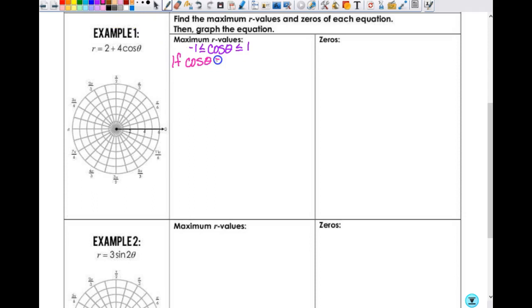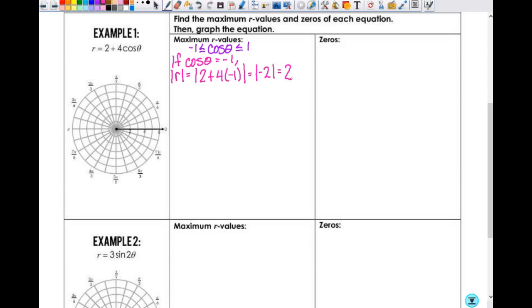So we're going to look at what happens, since we're worried about absolute value, if cosine theta equals -1, right? So then we're going to substitute that into here. Then that would mean that the absolute value of R is equal to the absolute value of 2 plus 4 times -1, because I'm substituting in that -1 for cosine theta, right? So 4 times -1 is -4, plus 2 is -2. So I get the absolute value of -2, which is 2.